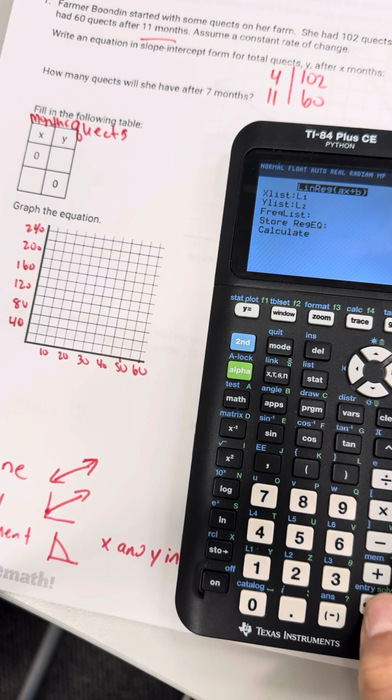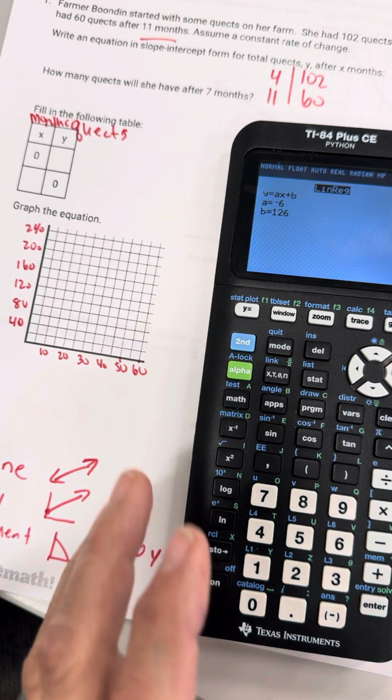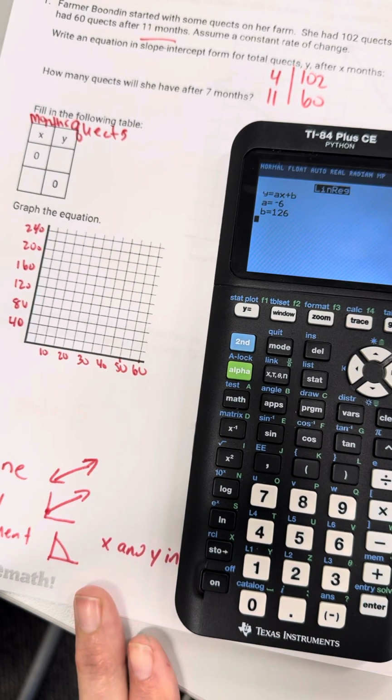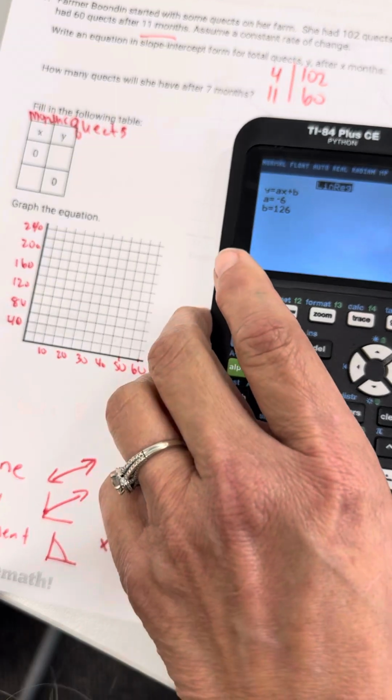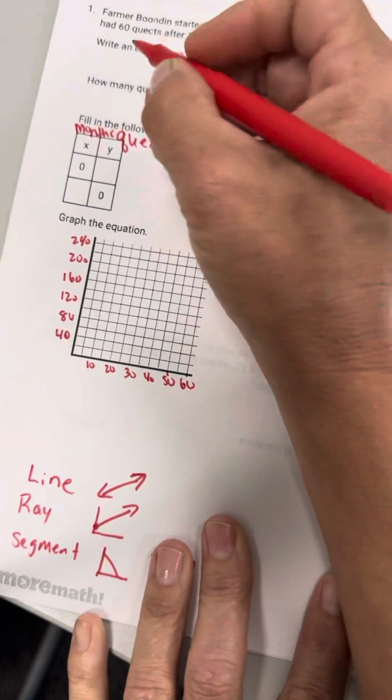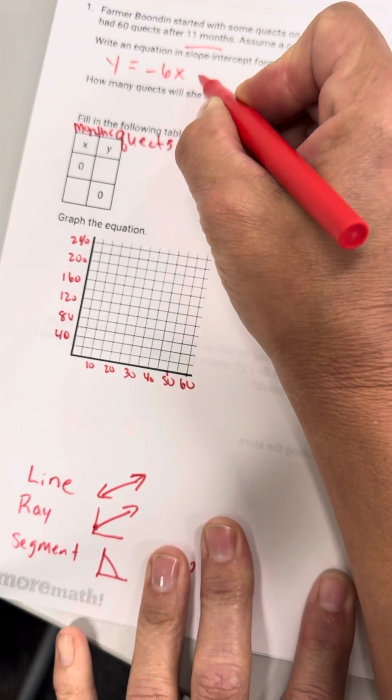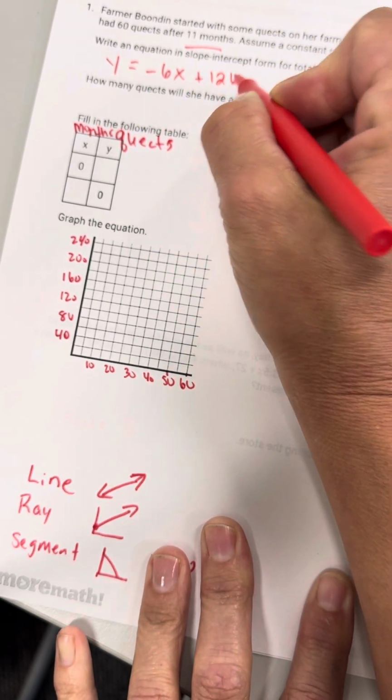And then you enter, and that spits out your equation. So the a is your m, and the b is b. So y equals negative 6x plus 126.